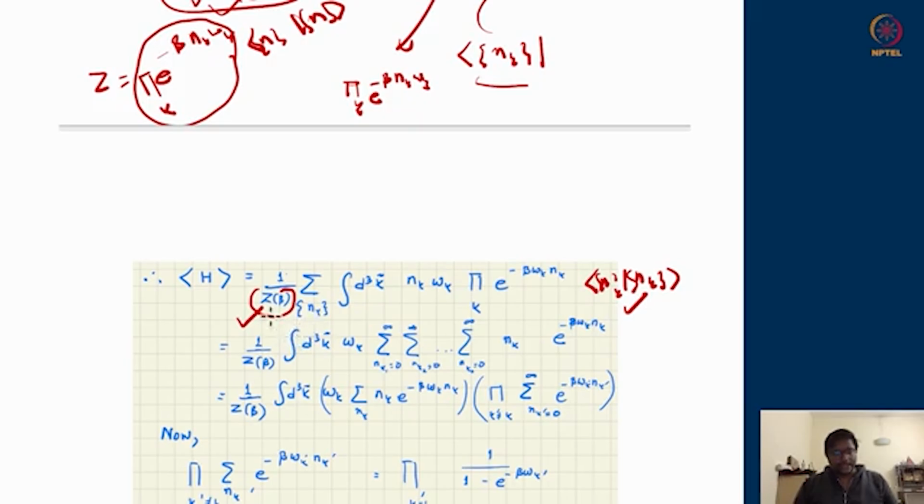From now on, I am just writing Z beta as this quantity. Full Z beta is this product form times this object. But this object is present in the denominator and also in the numerator, so I will not write it, just for cancellation. For the time being, I am going to use the definition of Z beta only up to this. You can think of it as a normalized state. So this might be 1, but not quite, because we have seen that a single particle excited state is not a normalizable state.